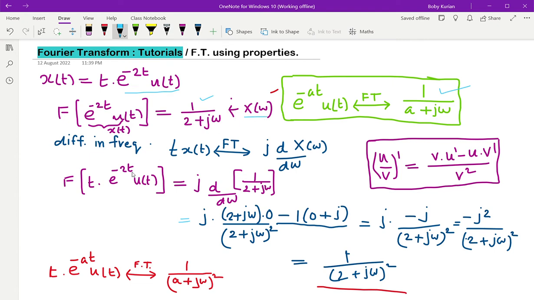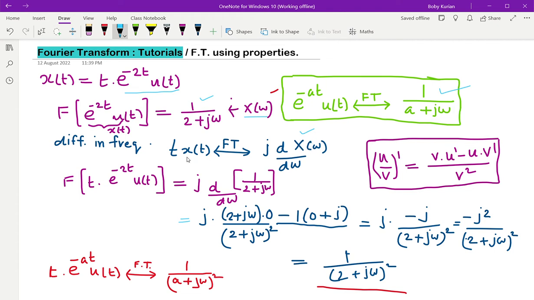So according to the differentiation in frequency property of the Fourier transform, t into x of t, or its Fourier transform, is j into d by d omega of x of omega. So x of omega is the Fourier transform of x of t.